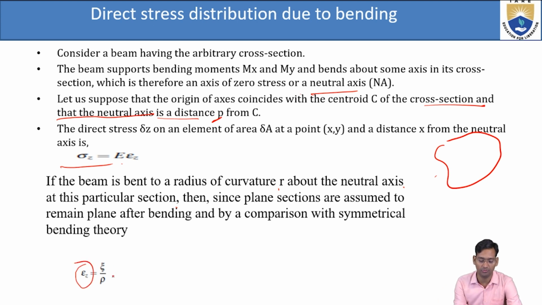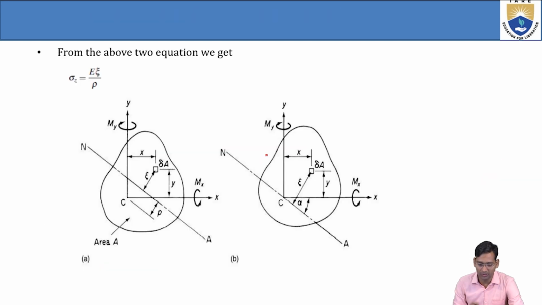So the strain will be zeta by rho. Now just substitute this value here. What will you get? Sigma z equals E into zeta by rho.